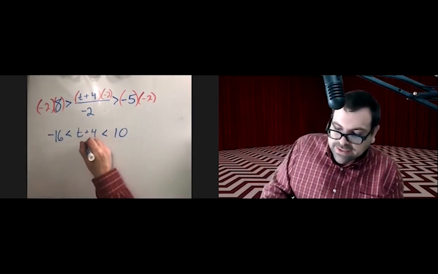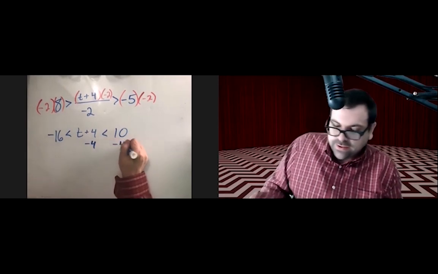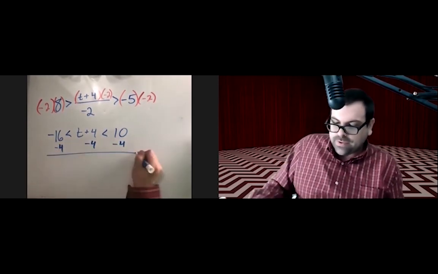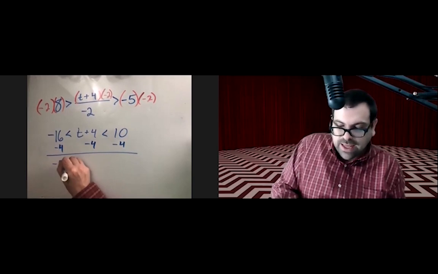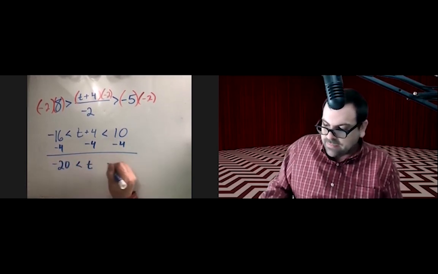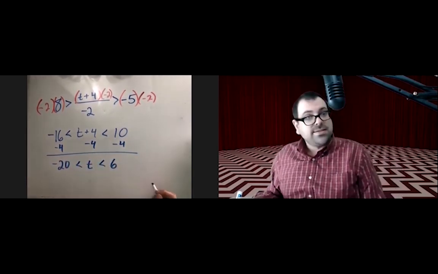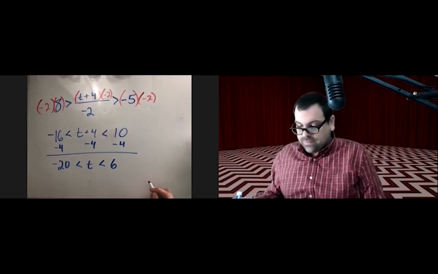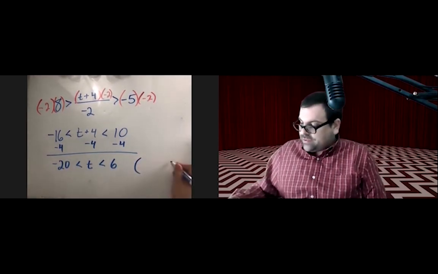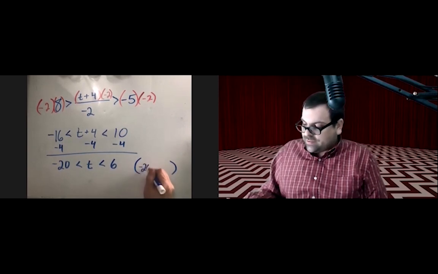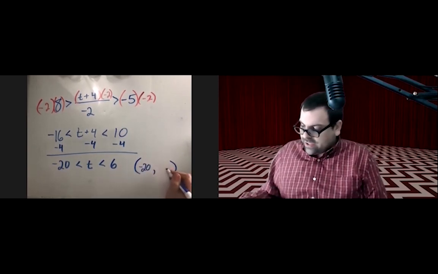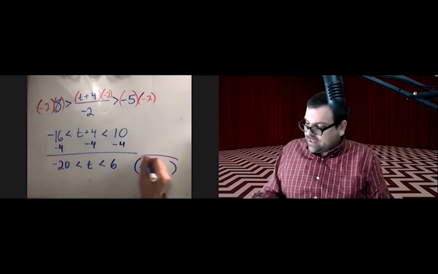Now to get the t by itself, subtract 4 everywhere. That gives me negative 20 on the left, t in the middle, and 6 on the right. This would be parentheses around the endpoints negative 20 and 6.